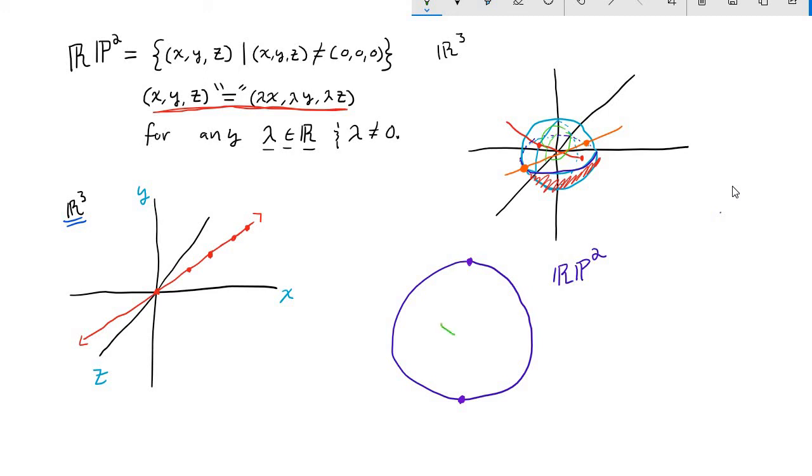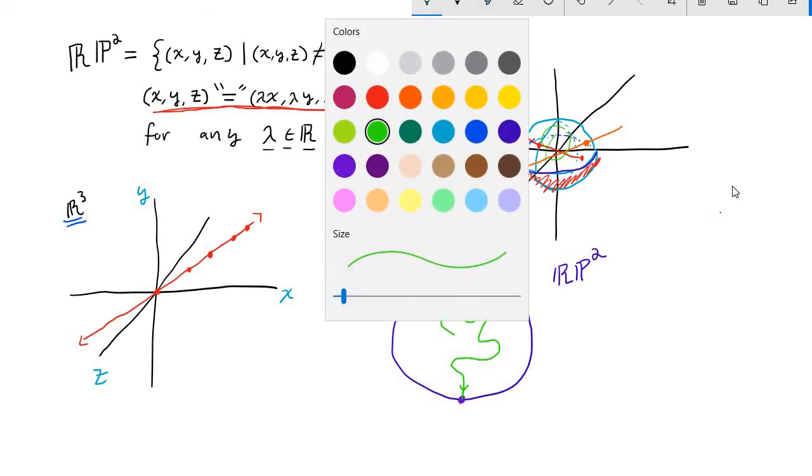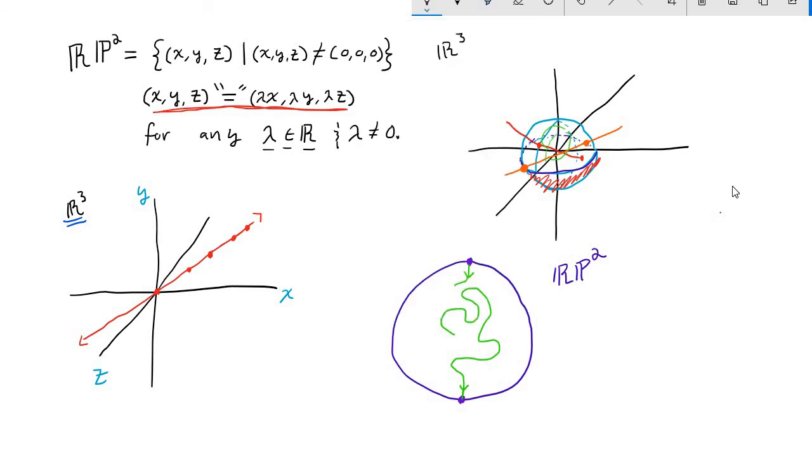Looking at a bird's eye view, I could walk around, and this looks like how I could walk in a normal path in 2 dimensions. However, what happens when I get to the edge? If I try to walk off the edge, I pop back out over here. The same thing for another path going over here.